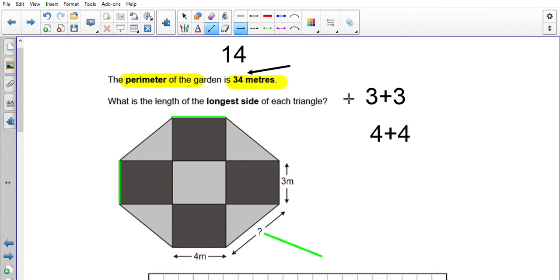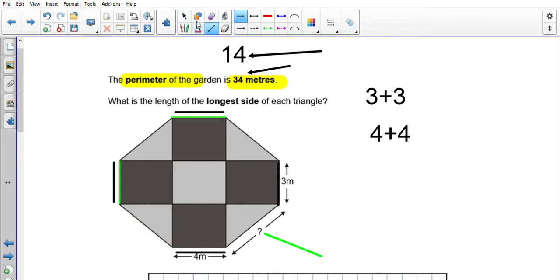Okay, so I had 34 meters, and I've used 14 of them, and my 14 that I've already used has come from these sides here: the 3, the 4, the 3, and the 4. Okay, so there's my 14 already being used up there. That means I have 20 left.